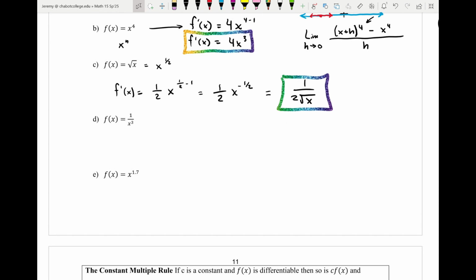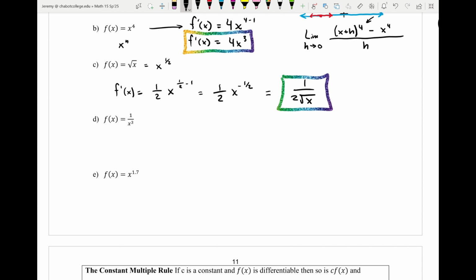Okay, part D, f of x, we're looking at 1 over x to the third power. It wouldn't be on this page if we couldn't apply either the constant rule or the power rule to take this derivative, because those are the only two techniques we have aside from the limit definition. This isn't a constant function, so I don't think it's going to be that rule.